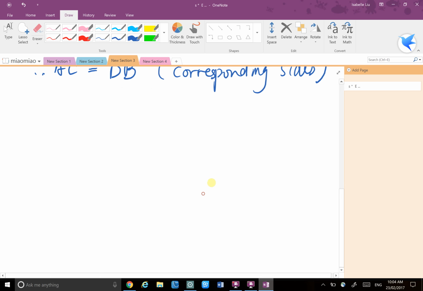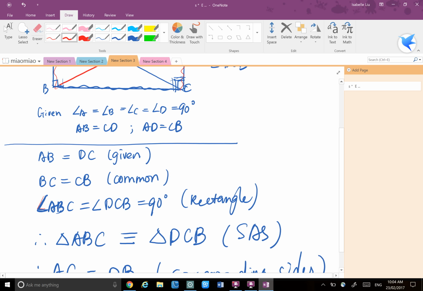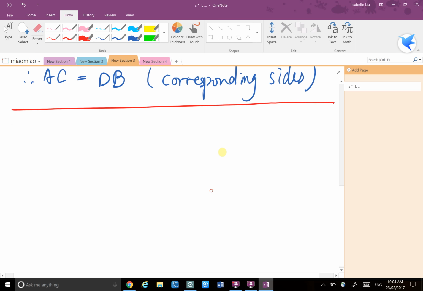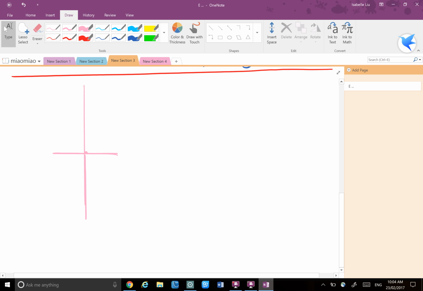So you know that there's a quadrilateral and the diagonals bisect each other at right angles. So let's draw the diagonals that bisect each other first. Those are two diagonals, and they bisect each other at right angles.